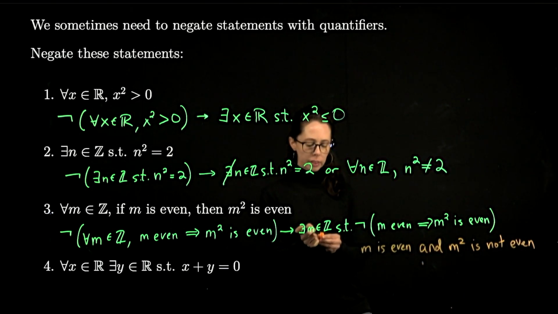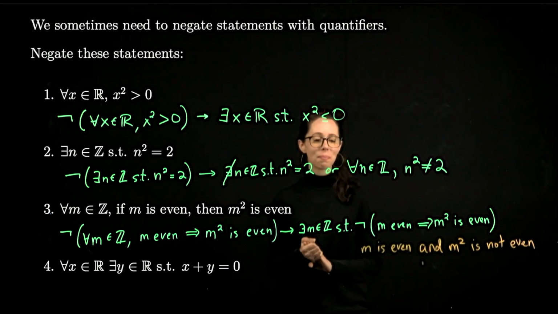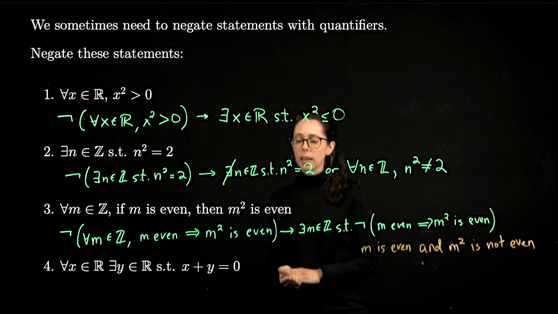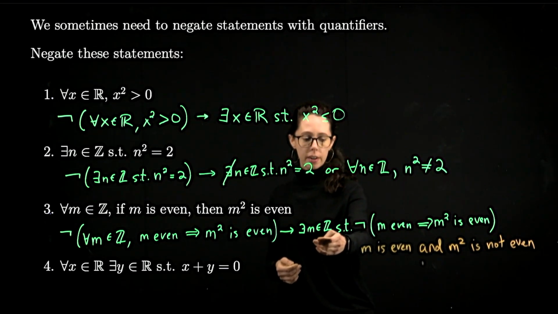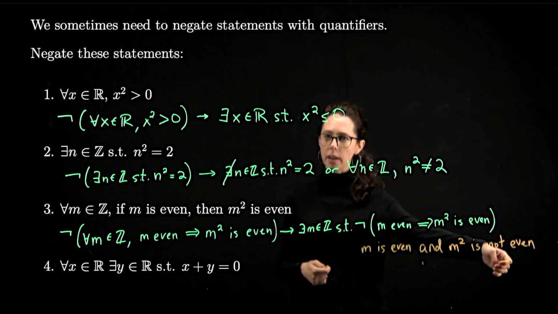Okay, I will leave this example here because we will do implications later. So to summarize, the negation of statement 3 is there exists an integer such that that integer is even and its square is not even.